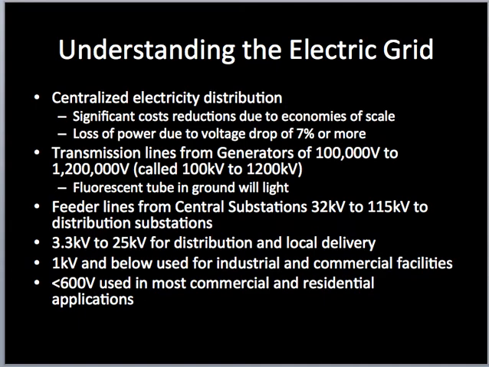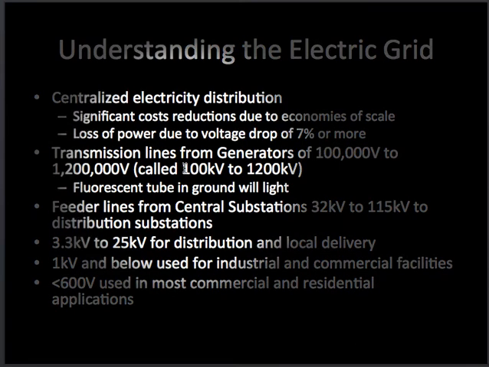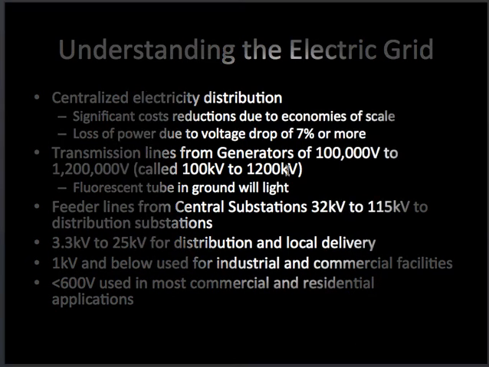That energy gets transmitted many, many miles from transmission lines at upwards of 100,000 volts to 1,200,000 volts, also referred to as 100 kV or 200 kV, as you can see here in our slide.